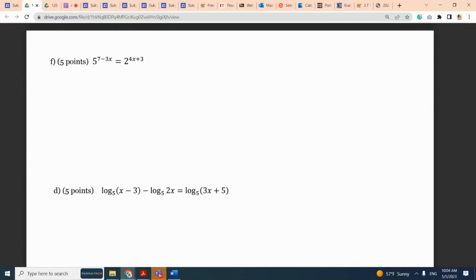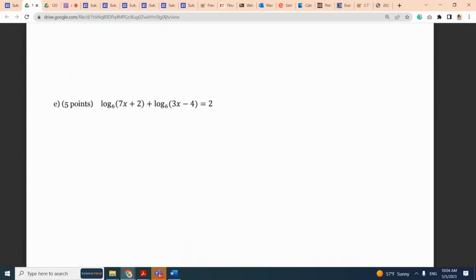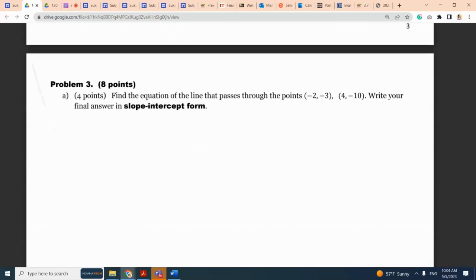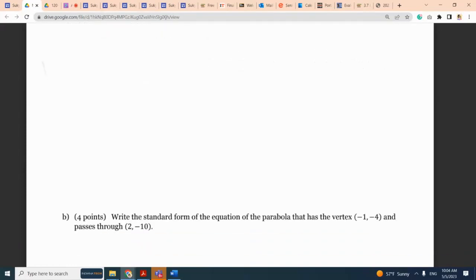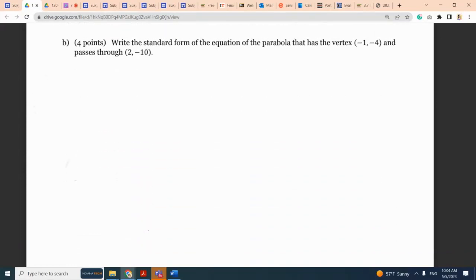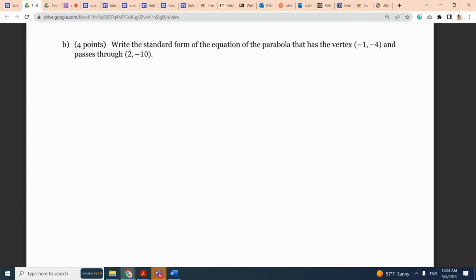Everybody? Okay. This one, in the practice exam 3. This one, equation of a line passing through 2 points using the intercept form. Exam 1.